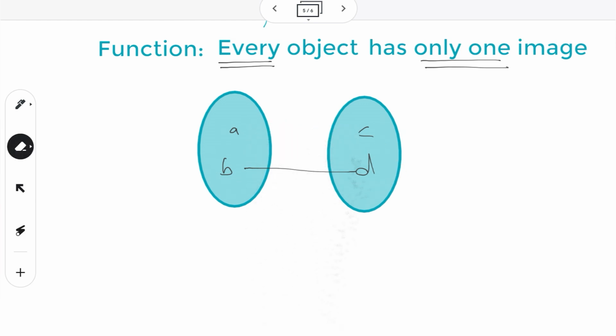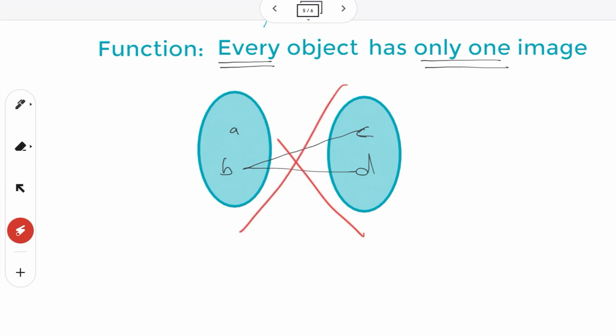However, if I erase one of the relationships and I draw B to C instead, and A is left all alone, this is not a function. This is not a function, I repeat, because one object does not have an image. And as we know, the definition of a function is that every single object must have an image.